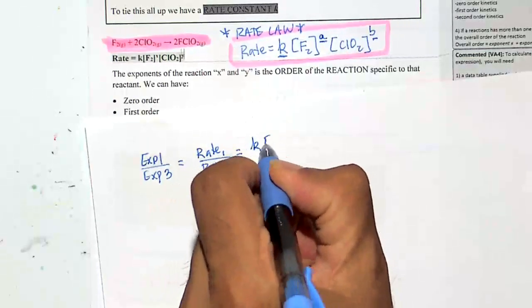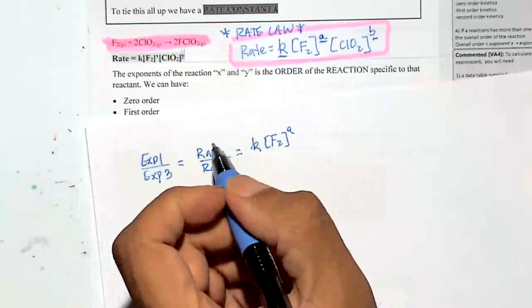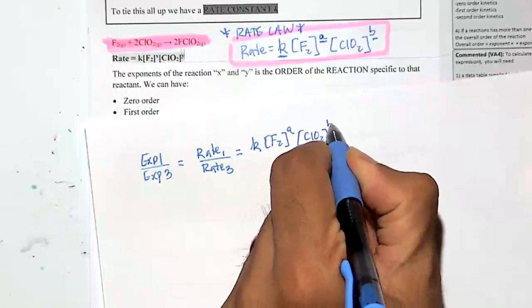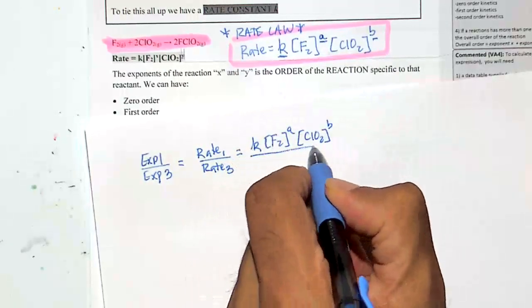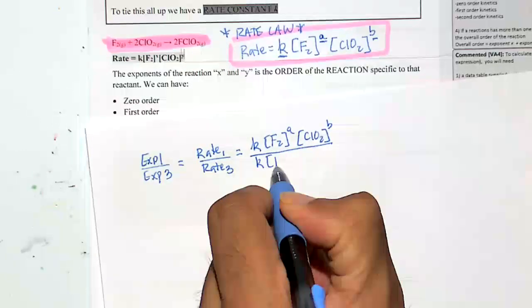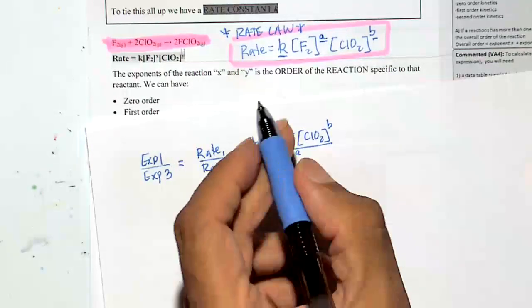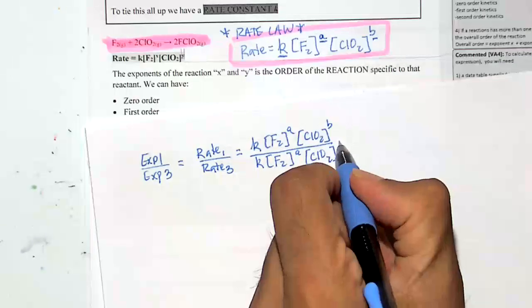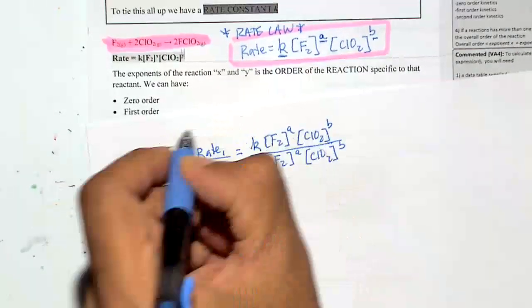It's going to equal some rate constant K times F2 raised to the power of its order of decay A for experiment 1, times ClO2 raised to the power of its order of decay B for experiment 1, divided by K times F2 to the power of A for experiment 3, times ClO2 to the power of B for experiment 3.